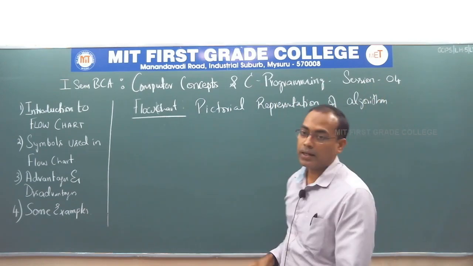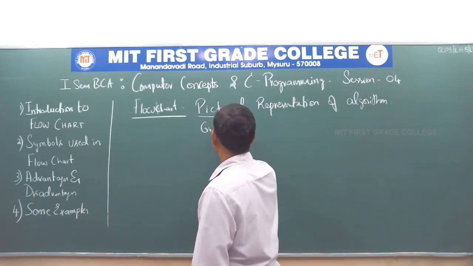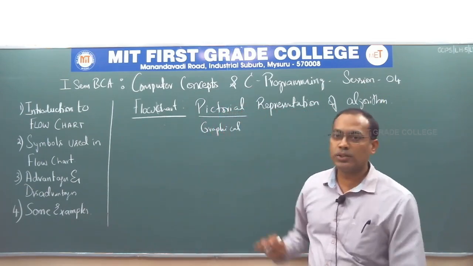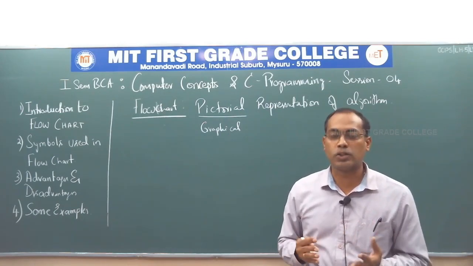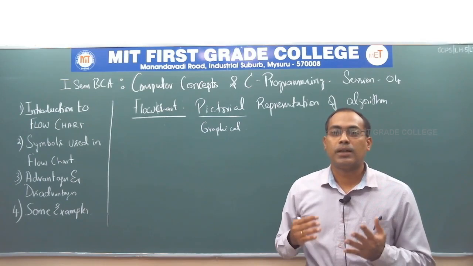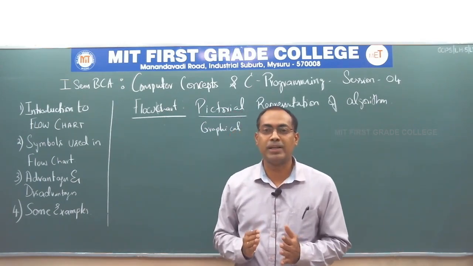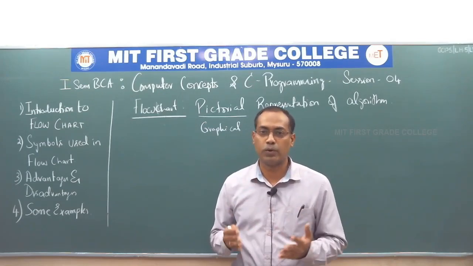It is also called a graphical representation of the algorithm. You're not going to use any graphics or symbols of your choice. You're going to use graphics or symbols which are predefined in nature. That means you're going to use standard symbols to construct a flowchart.